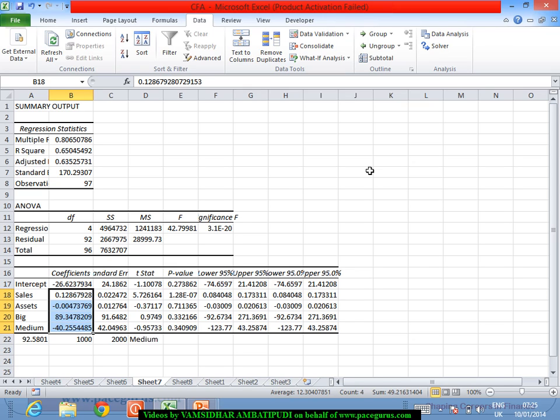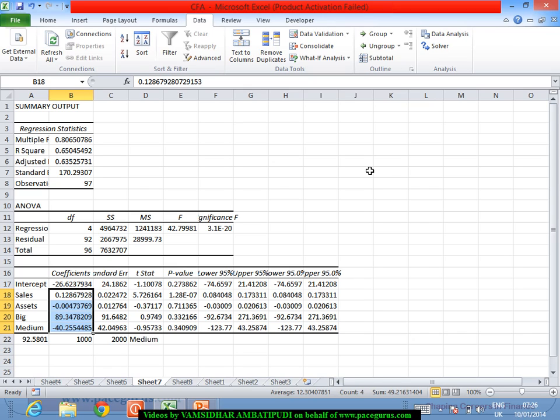The same way I will check out, especially when there is a time specific data, whether the serial correlation is present. If it is present, I will do the correction for that. I will also check out whether multicollinearity is present in the data. If it is present, even the adjustments will be done for that multicollinearity by removing one or more variables which are not impacting the model that drastically. And finally, I will end up using the model. This is what, in a nutshell, we do as a part of multiple regression process.